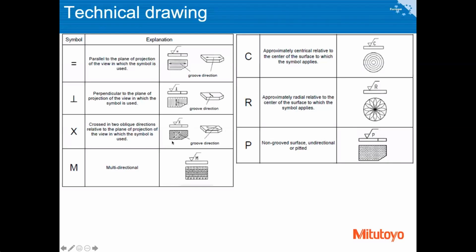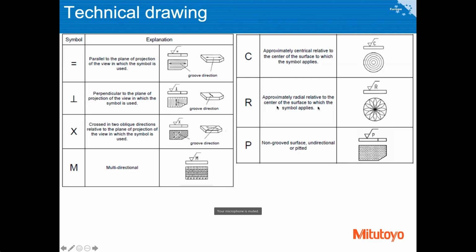Besides these, you might have approximately concentric surfaces. I have an example here, but it will be very hard to see. But okay, that doesn't matter. If you are using a lathe machine, then you are producing a surface like this in the cross section.